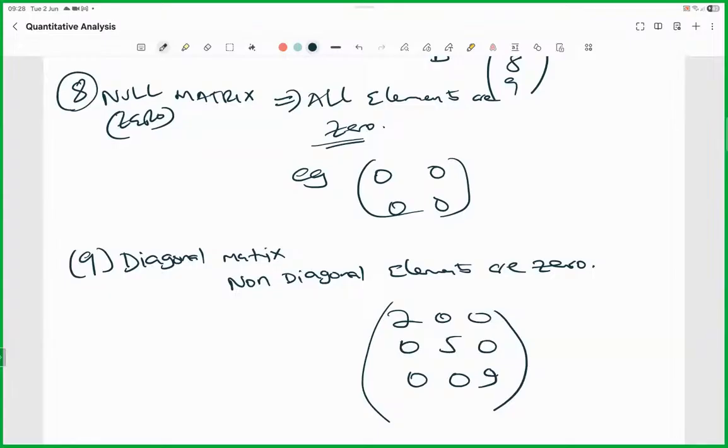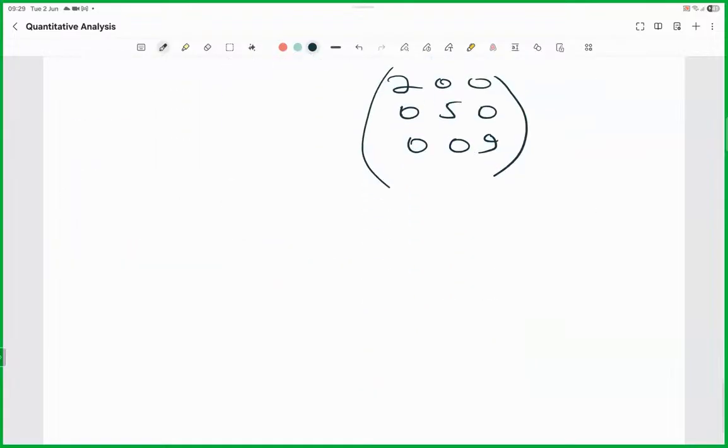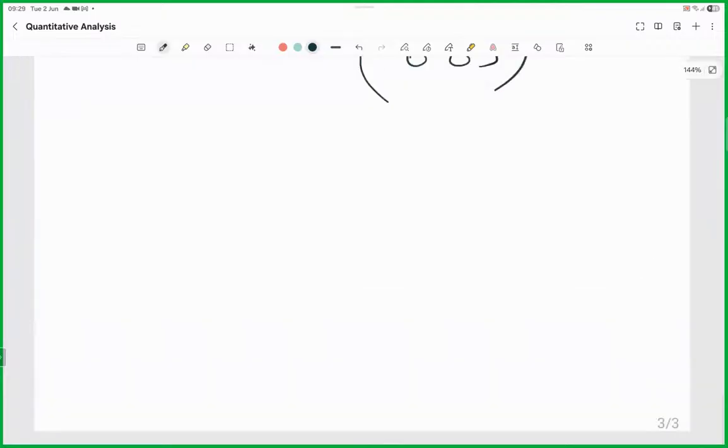Now then we go to the matrix algebra. Matrix algebra. So when we talk of matrix algebra, what do we mean?